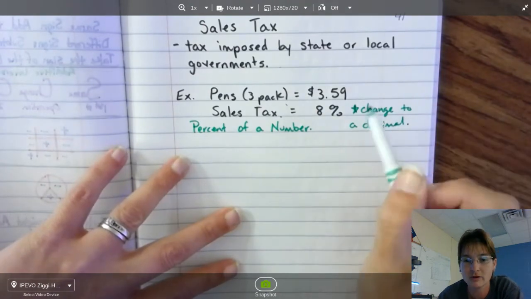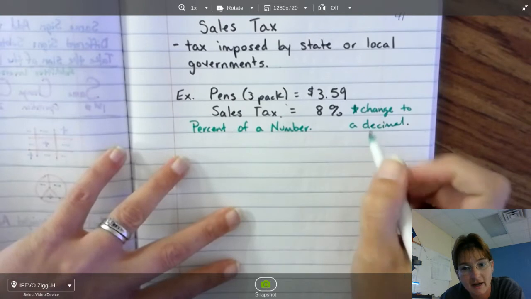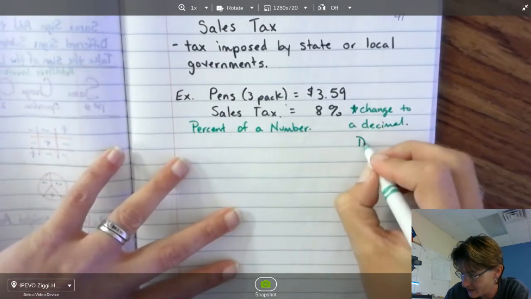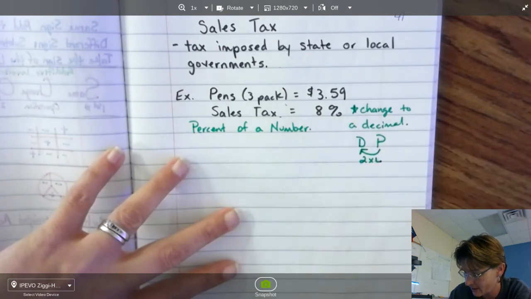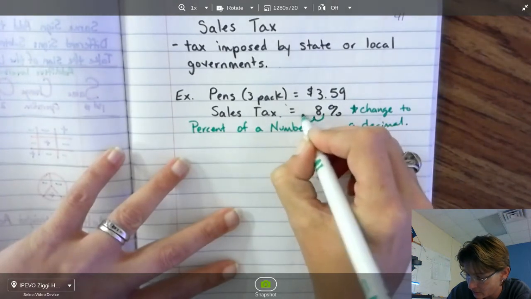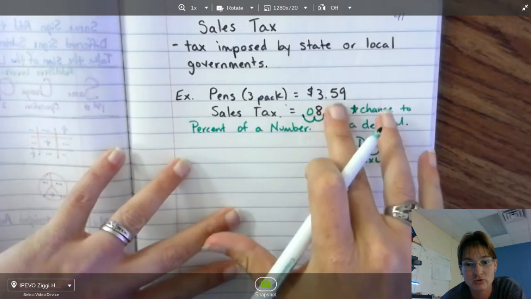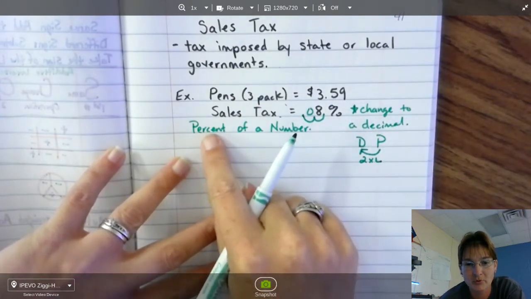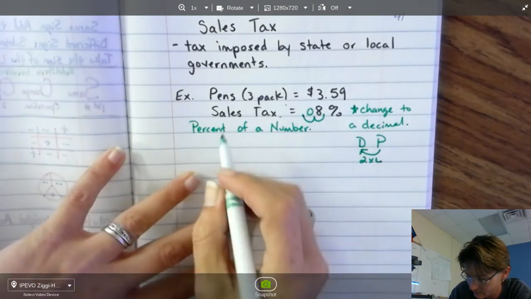This is why it was important to learn percent to a decimal going back. How do we do that? You move 2 times to the left. With DP, you go P to D, and that is 2 times to the left. So our sales tax then becomes 0.08, and at that time, you would drop off the percentage. So the percent becomes the decimal.